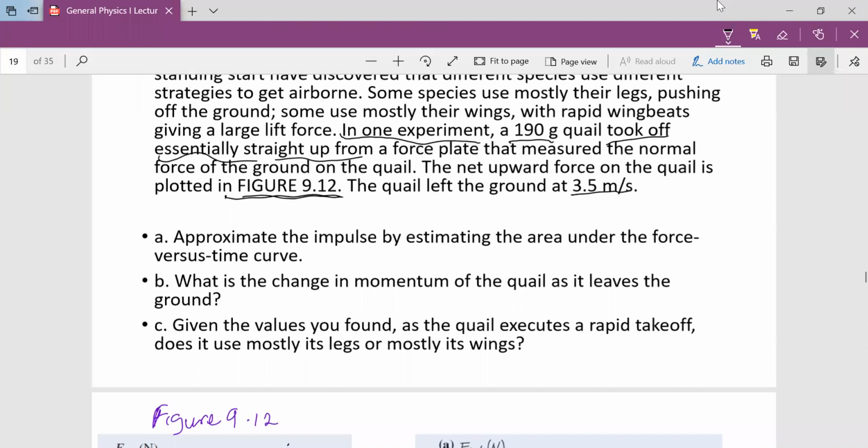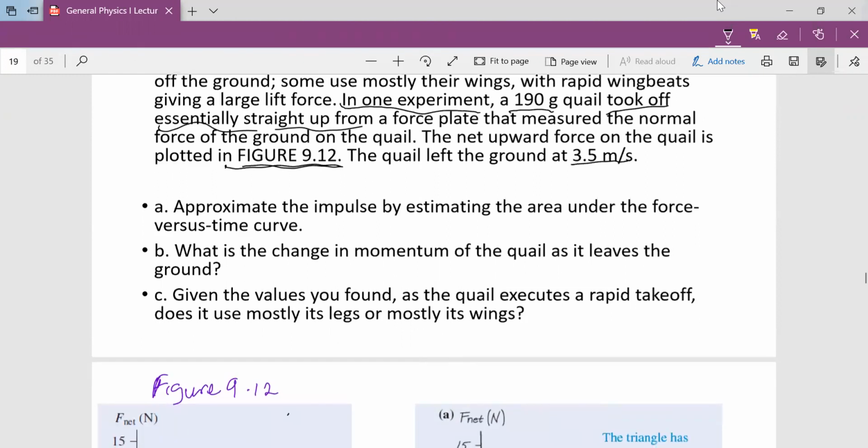Now we have 3 questions to attend to from this description. A, approximate the impulse by estimating the area under the force versus time curve. B, what is the change in momentum of the quail as it leaves the ground?